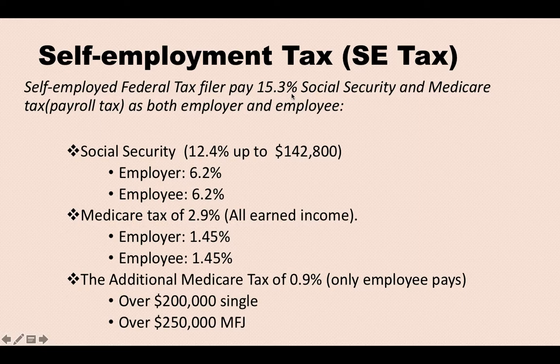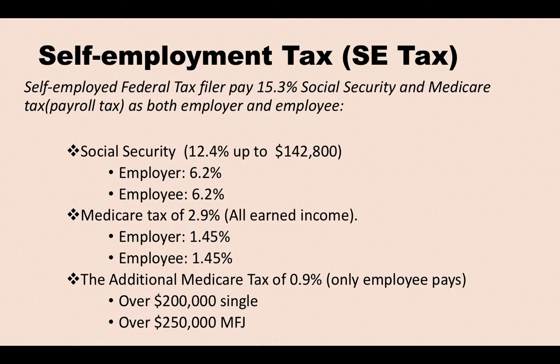In the following example, you can see sometimes you can pay much lower than this 15.3%. Many people have strategies to avoid this payroll tax. Sometimes when your income is above a certain level, it's not necessary to avoid it.